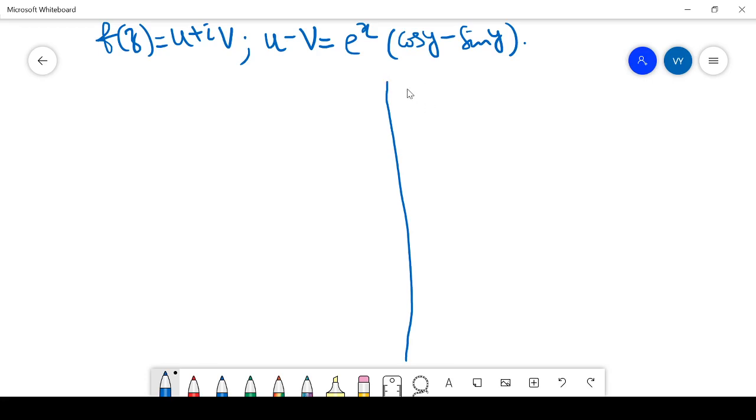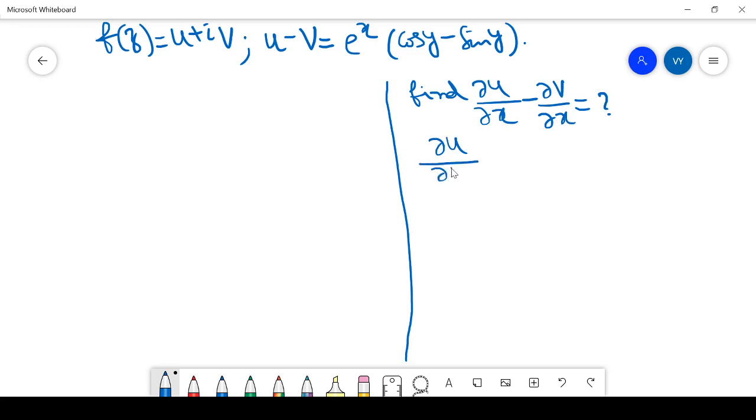So first you find ∂u/∂x minus ∂v/∂x. This will give you one equation. Then find ∂u/∂y minus ∂v/∂y.